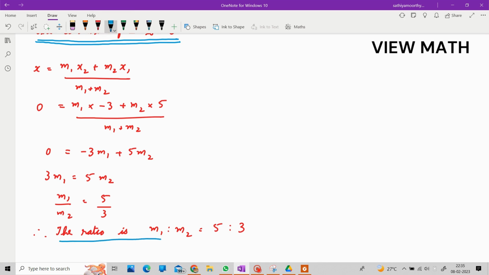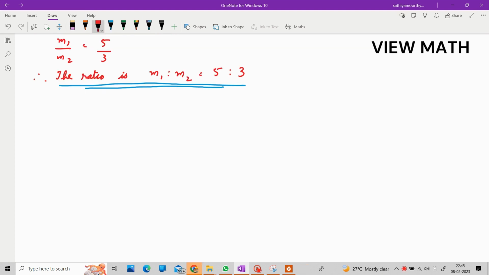Now they are asking us to find out the coordinate of L. The ratio is 5 is to 3, which we have found out. Next I need to find out the coordinate of L. We know the coordinate of L is (0, y).